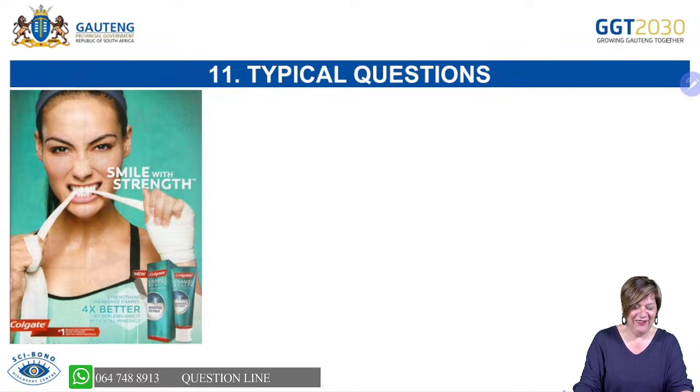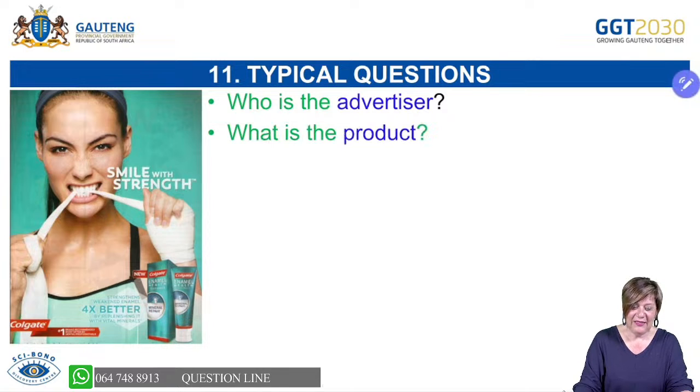I love this advertisement. Smile with strength. First question, who is the advertiser? And that's obviously Colgate. Next one, what's the product? Now I know you can't see so clearly, but be very specific when you see this one.